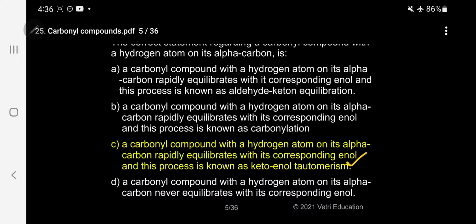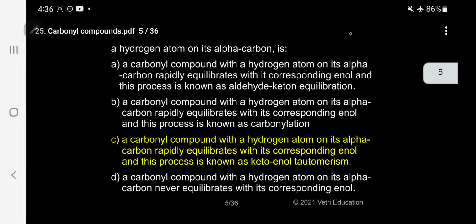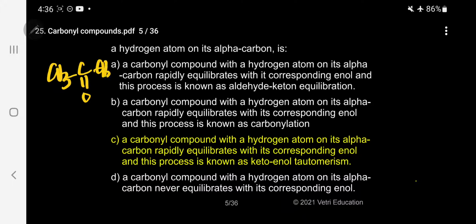Kindly follow. Let me explain with a simple example. Let me take a simple, well-known carbonyl compound. I will write here CH3 CO CH3.